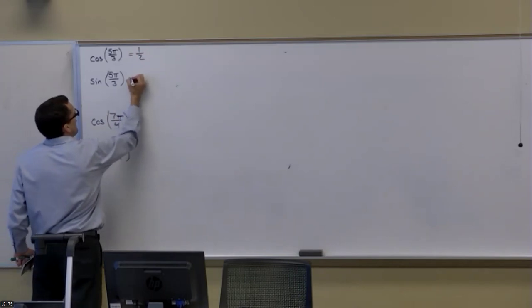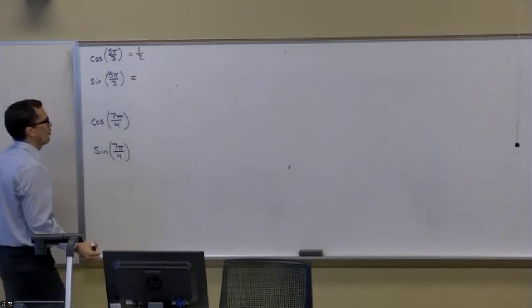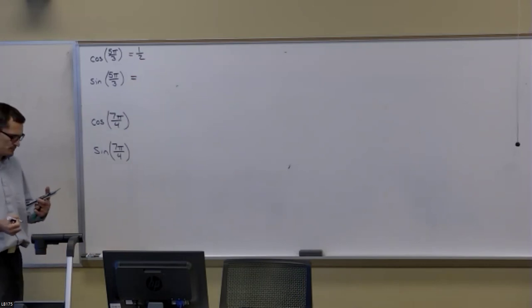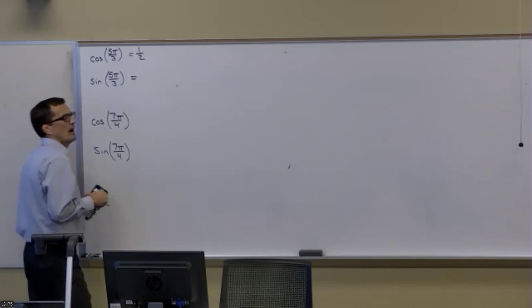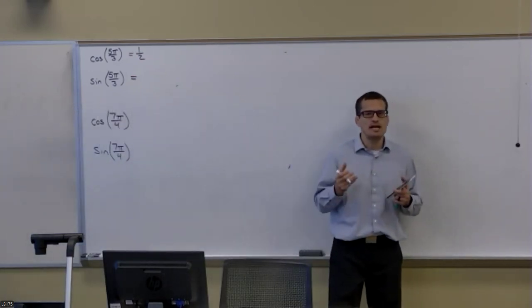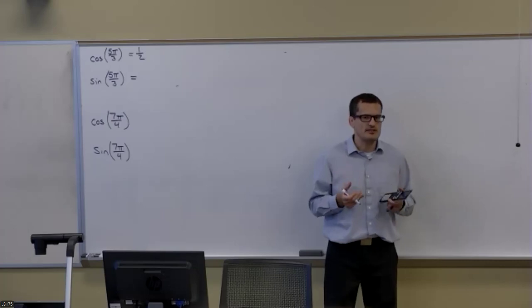When I do sine of 5 pi over 3 on my calculator, I would get negative 0.866025 and so on. And if you've seen this enough, you'll recognize that that is the decimal version of negative root 3 over 2.